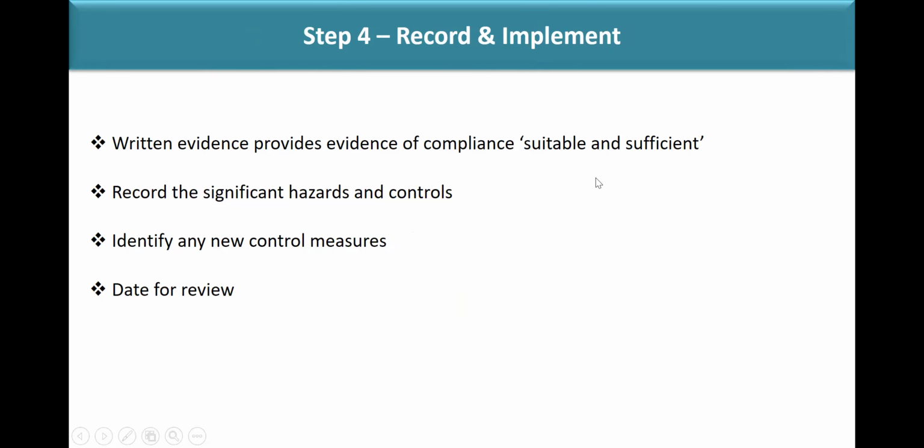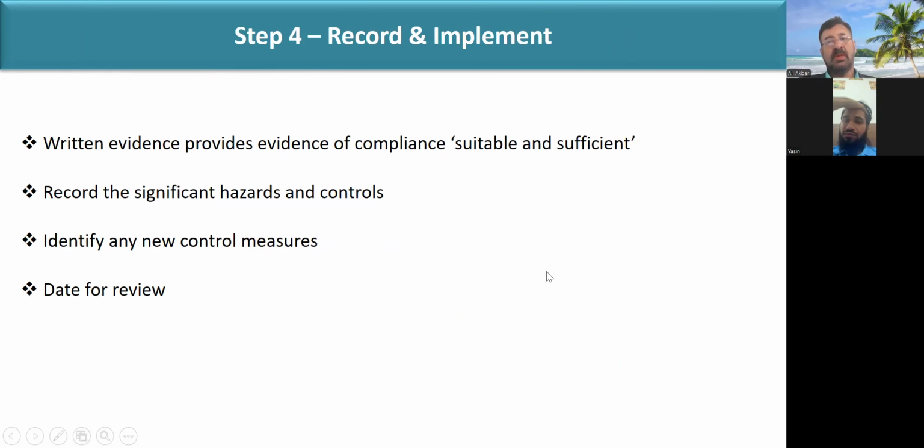Records and implement. Step number 4, written evidence to provide evidence of compliance, suitable and sufficient. Here, record the significant hazards and controls, and identify any new control measures.